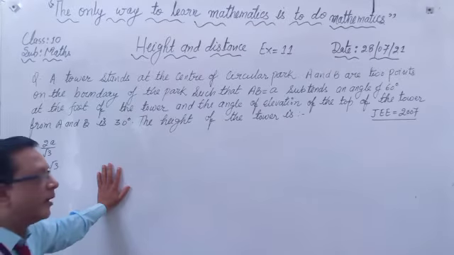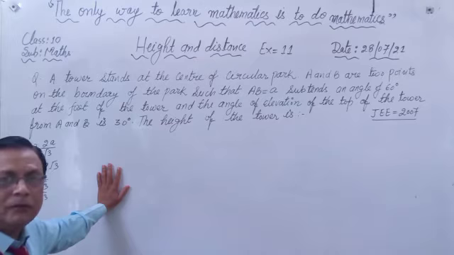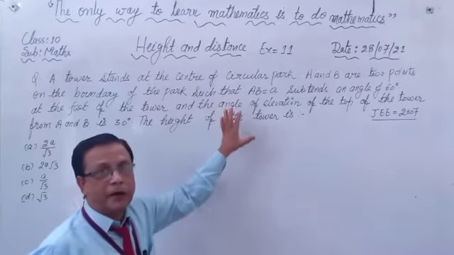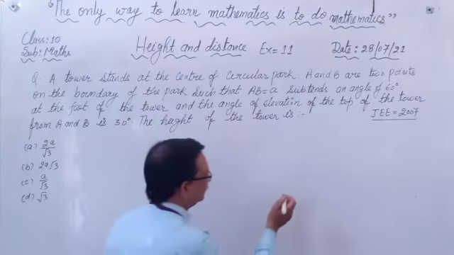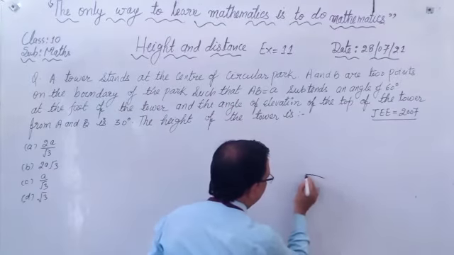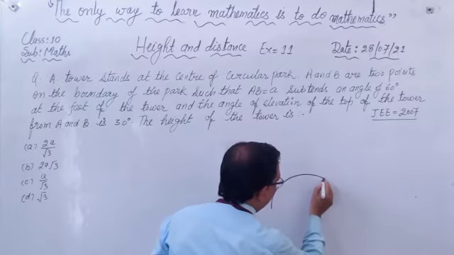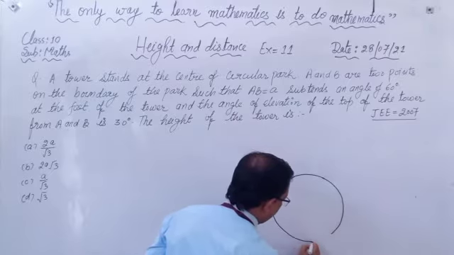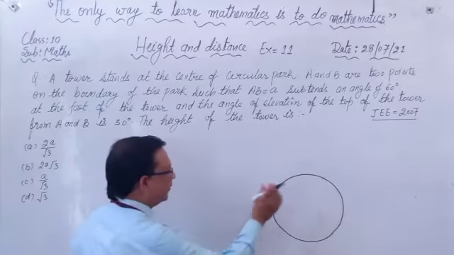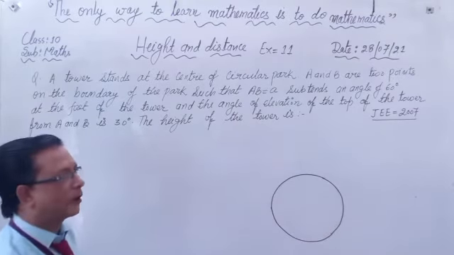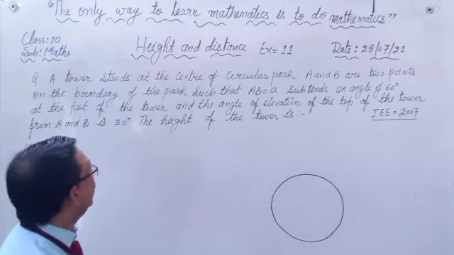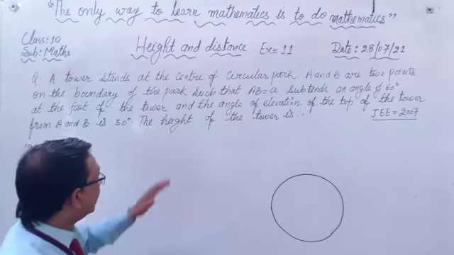सबसे पहले डायग्राम ड्रॉ करते हैं. Then see from the diagram. So we have a circular path, एक circular path है. This is your circular path and a tower stands at the center of the circular path.